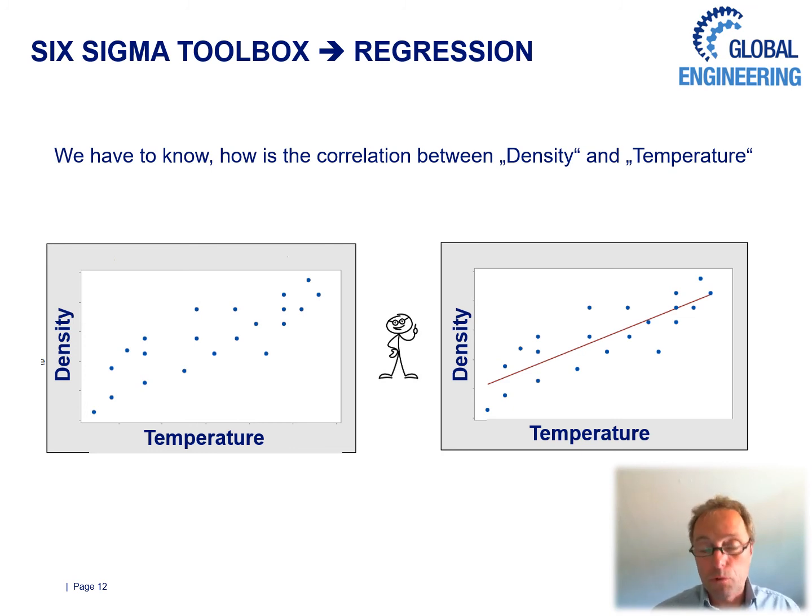In this case it could also go down, but however, we see that there is a relation, and that's the point, and we can put in a line here. It looks like there is a linear correlation between density and temperature.